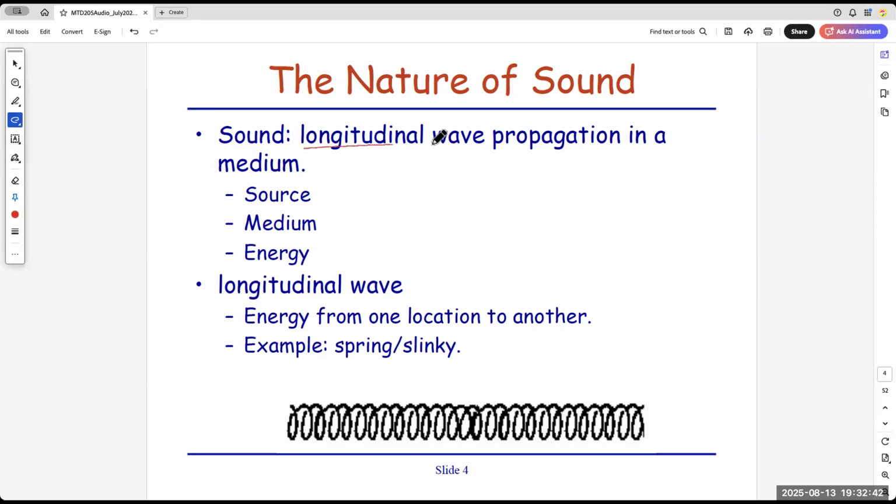Let's talk about what longitudinal wave propagation is. Before I show the pictorial view, let's talk about its properties. Longitudinal wave propagation needs a source, which is where it is generated, a medium, and of course energy to travel from point A to point B. I will ask you one question.